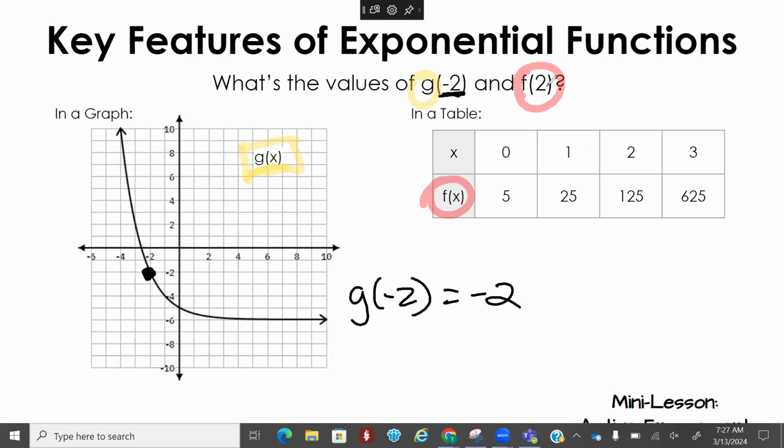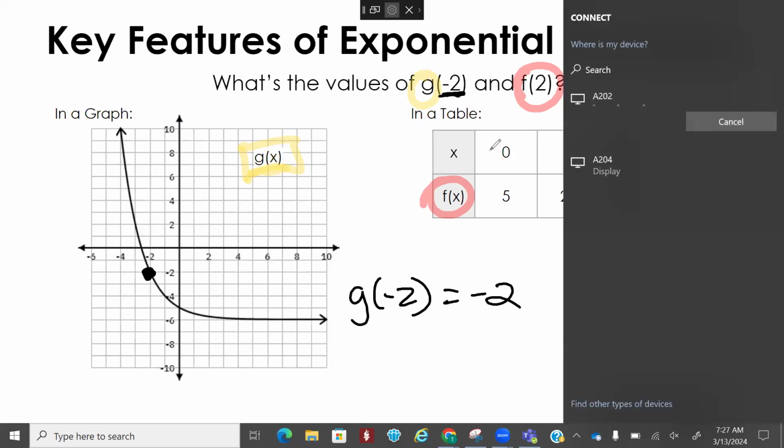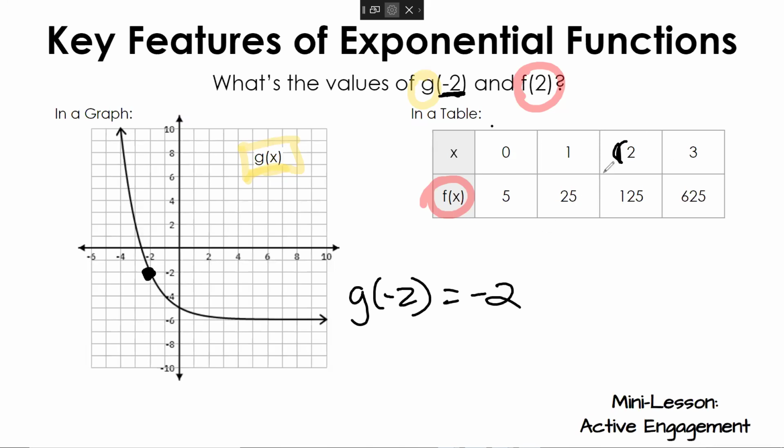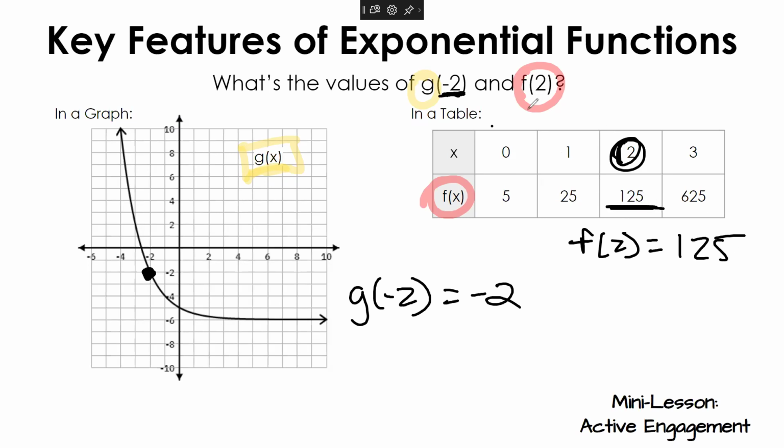On this one, when x is 2, what's our y value? Look at your table. When x is 2, what's our y value? When x is 2 on our table, 125. So again, you've got to pay attention to whether they're talking about the table or the graph.